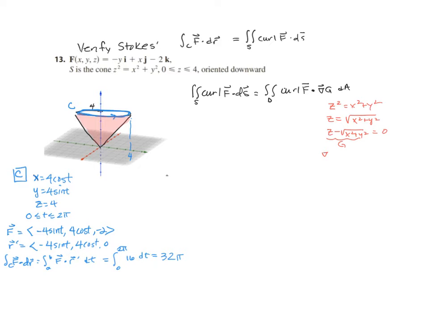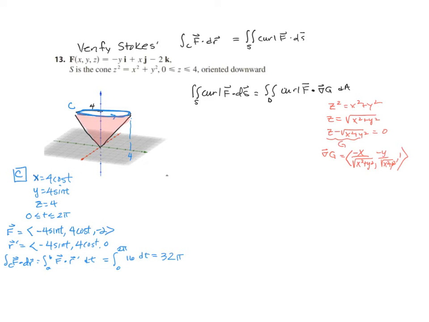And so we take the gradient of g, and we get partial with respect to x. That's going to be a minus x over that square root. Partial with respect to y. And partial with respect to z is 1, and I wanted 1 in the z position because z is the dependent variable.